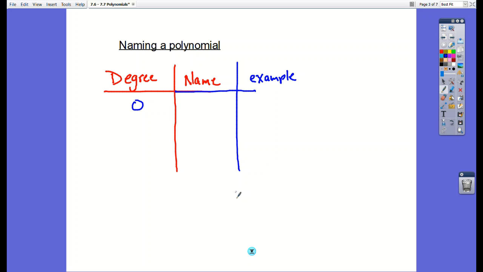So you have degree 0. The name of this is a constant. Can you guys think of an example that would fit this? 2. Number 2 is an example.